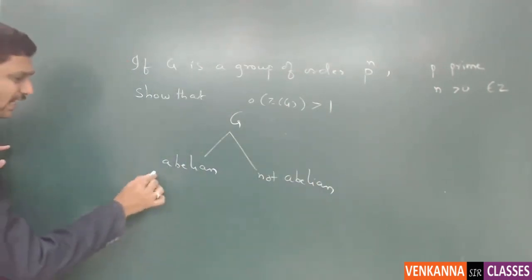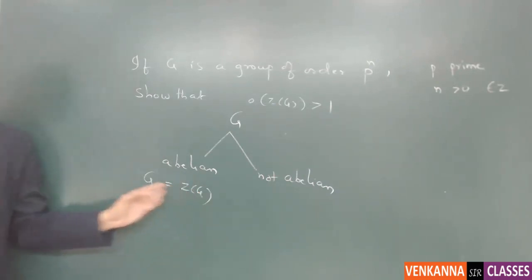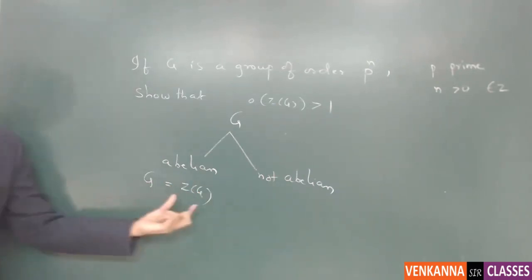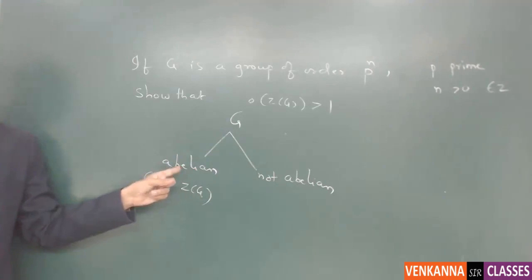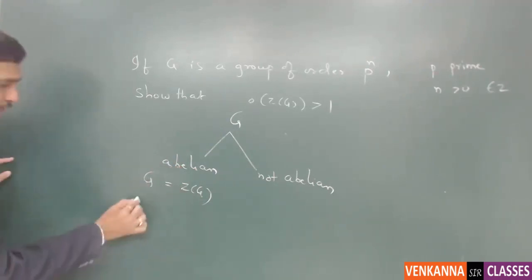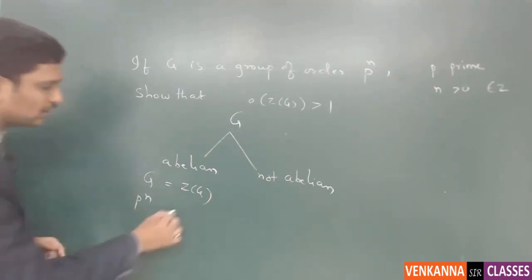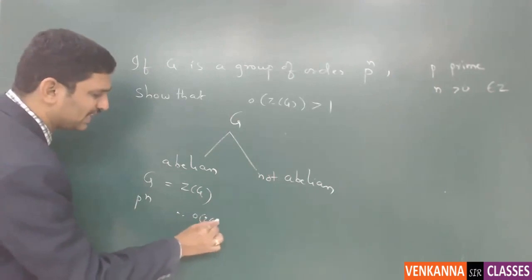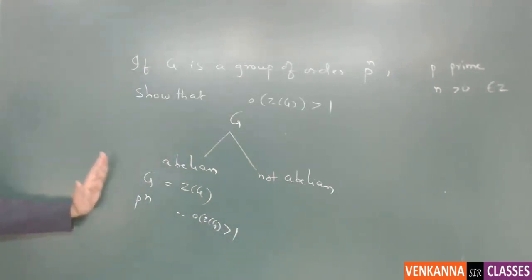So in this case, G and the center are both equal, because the center consists exclusively of commutative property satisfying elements. If the group is abelian, these two are nothing but the same. Since you know that G contains p power n elements, the order of the center is always greater than 1. Clear now, the section?